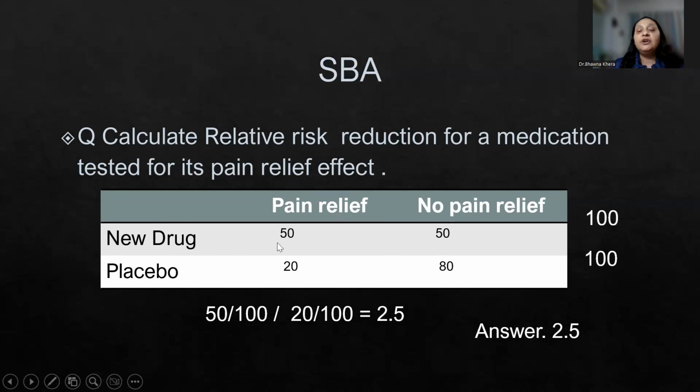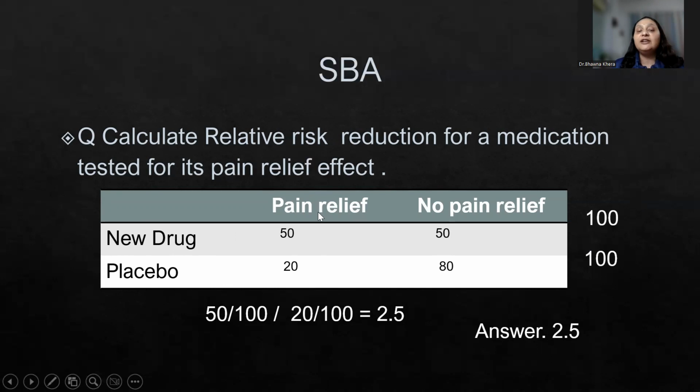With the new drug, out of 100 patients, 50 had pain relief and 50 did not. With placebo, 20 had pain relief and 80 had no pain relief. The exposure is the drug, so this is the exposed group and this is the non-exposed group.